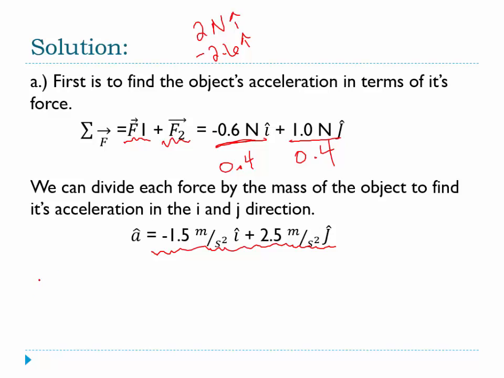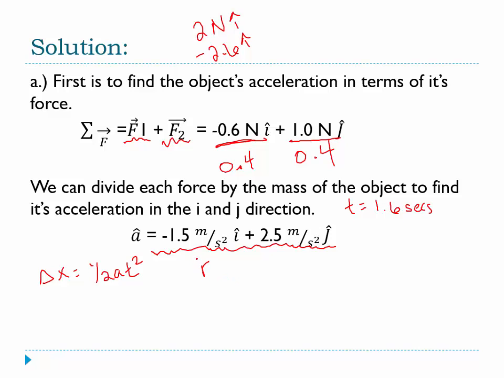So, position, kinematics-wise, from rest is 1/2 at squared. We're just going to find the position in the x direction and the position in the y direction, and they told us the time was 1.6 seconds.